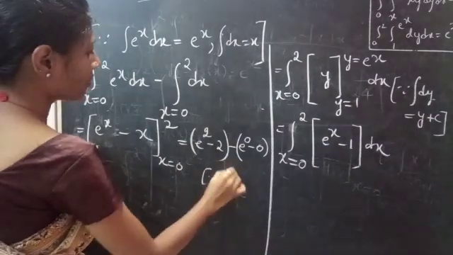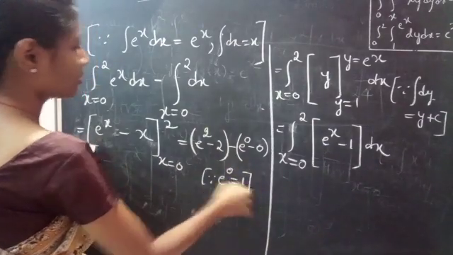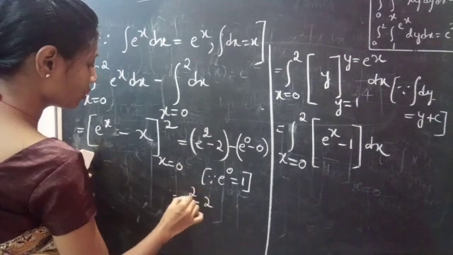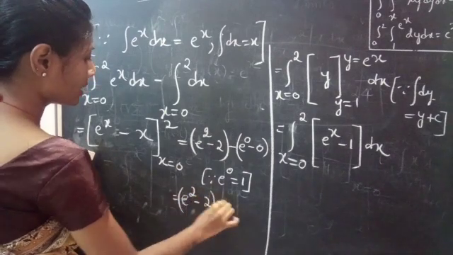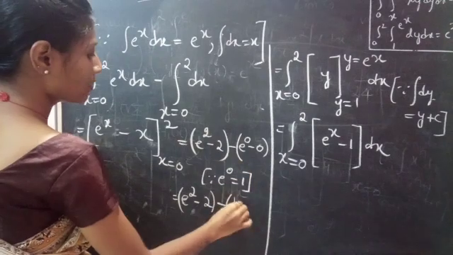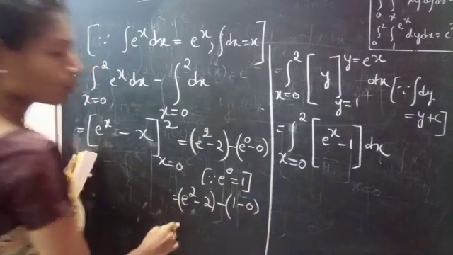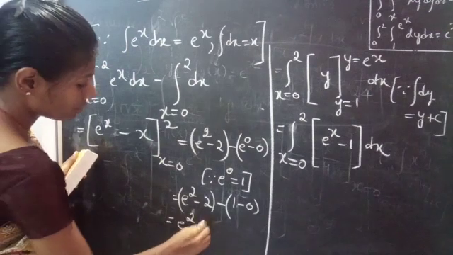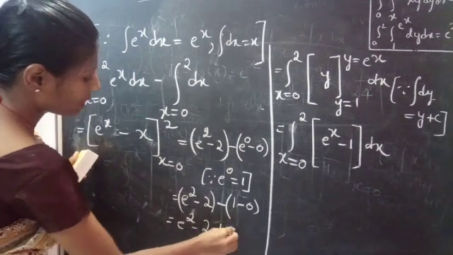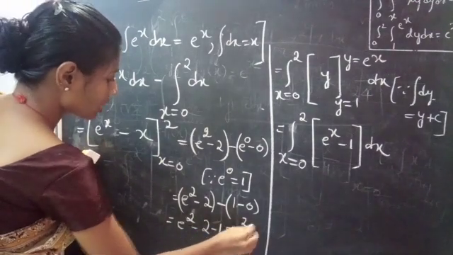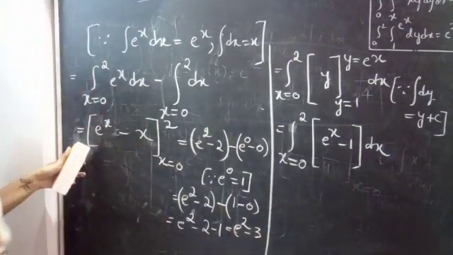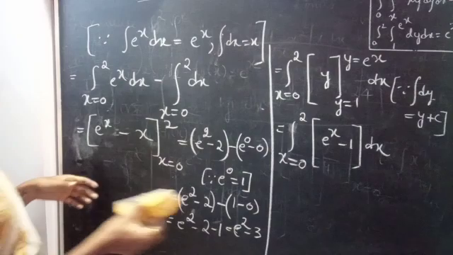Since e power 0 is equal to 1, this is equal to e power 2 minus 2 minus 1 minus 0. So this equals e power 2 minus 2 minus 1, which is equal to e power 2 minus 3. Minus 2 minus 1 is 3.